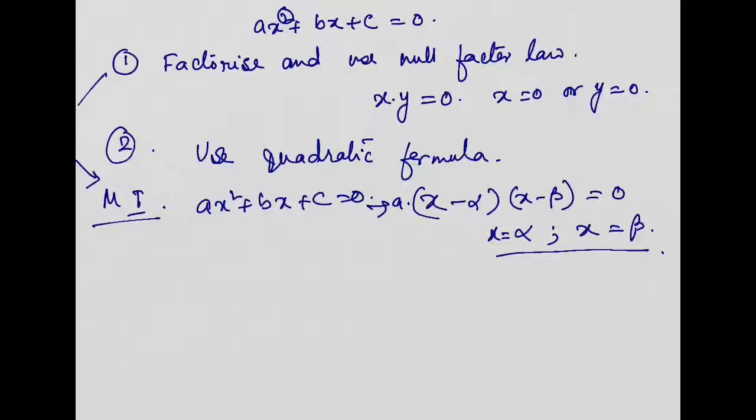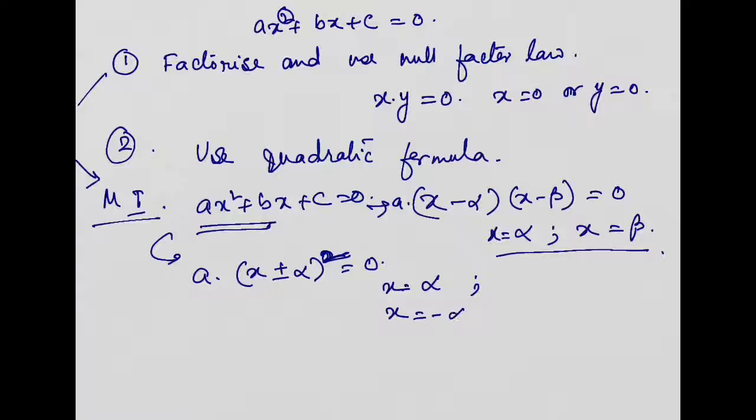Now, again, we can express this expression as a perfect square. For a perfect square, the expression would be a times x plus or minus alpha, depending on the sign, squared, equals 0. When we can express it as a perfect square, the two roots are identical, meaning two same roots, x equals alpha, or when it is x minus alpha squared, x equals alpha.